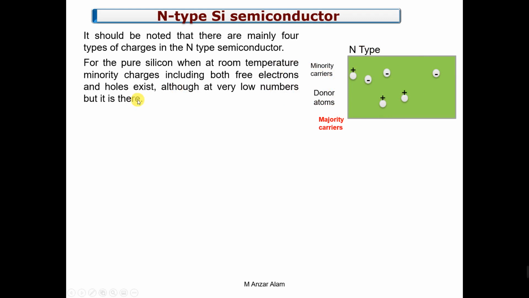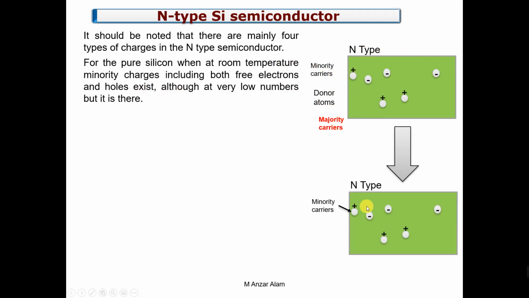That's why they are known as minority charges. We can convert this into something more simple. So this is the same block, but here it is shown which one is the minority carriers. So the hole in this case is the minority carrier and the electrons are the free electrons.